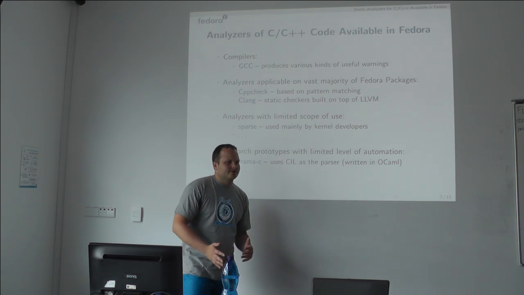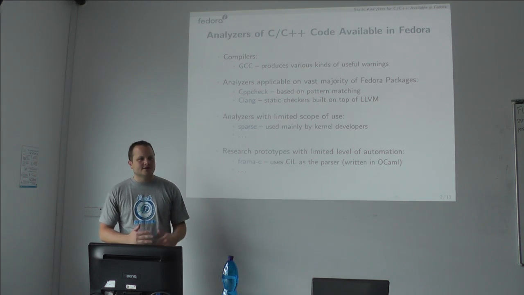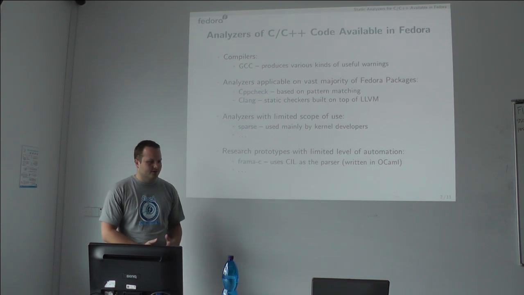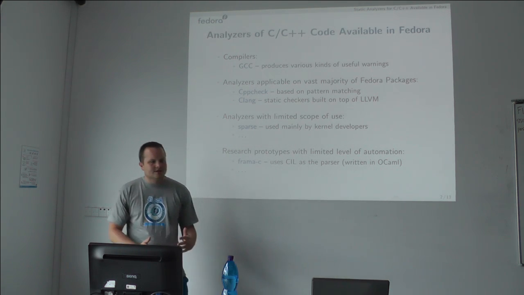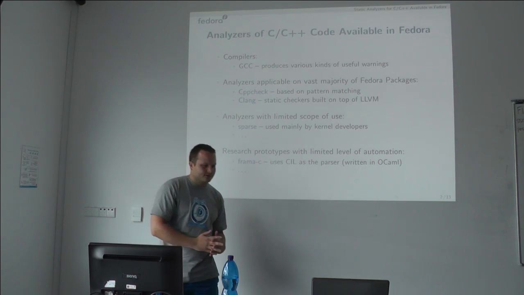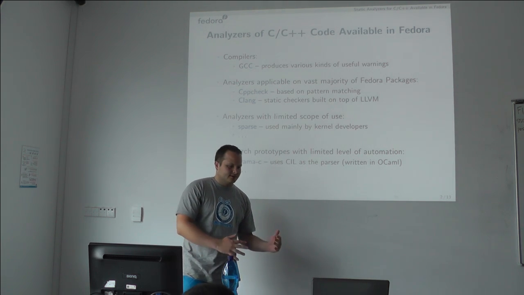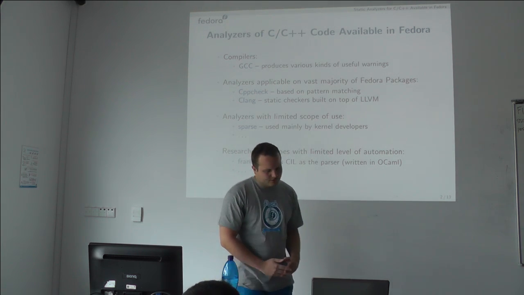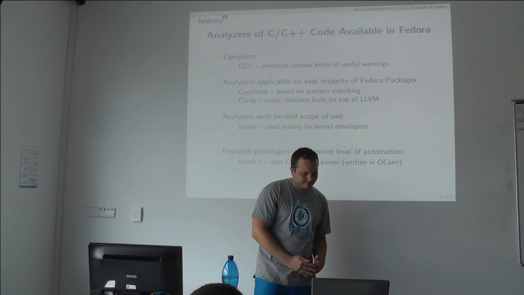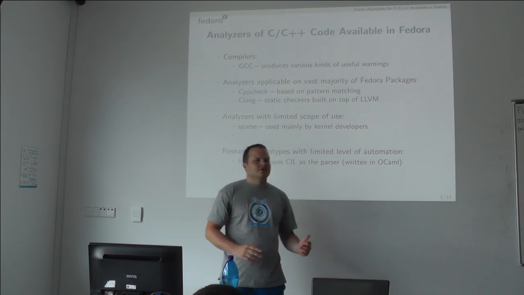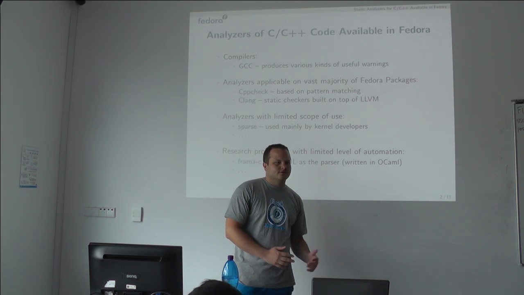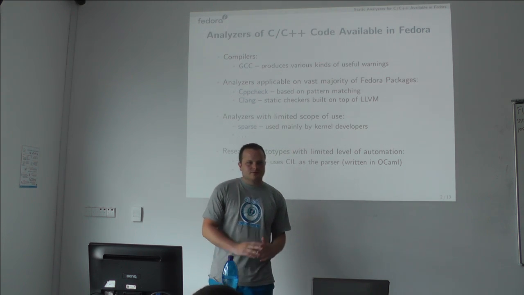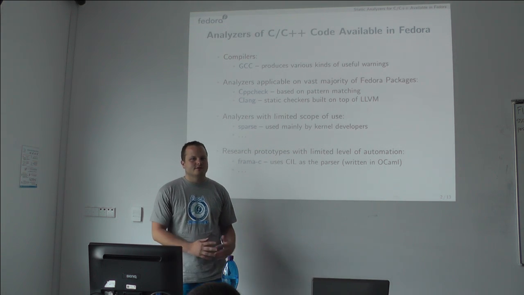There are some problems with these warnings and processing them, which I will cover later. But I would place GCC on the list of static analyzers we have in Fedora because of these warnings. I forgot to mention that there is enough room for discussion in this presentation, so if you have some questions, feel free to stop me at any point.